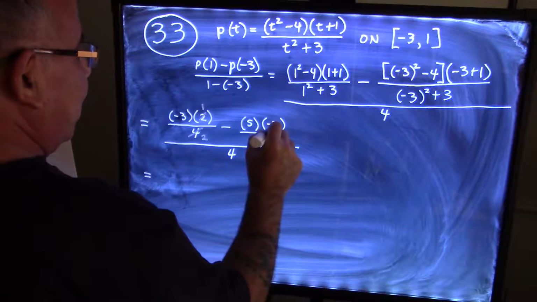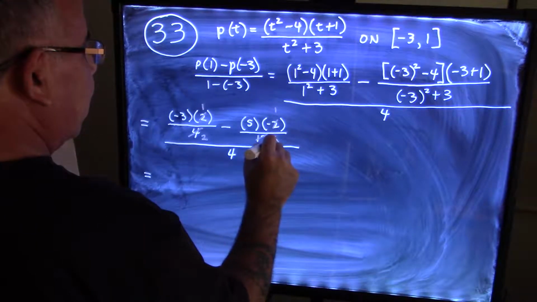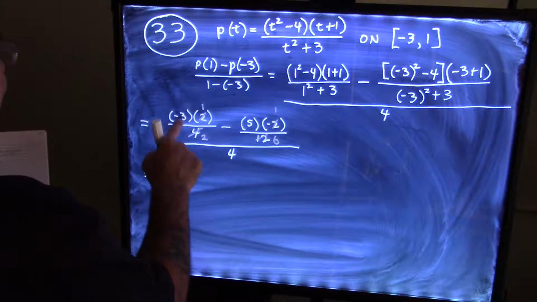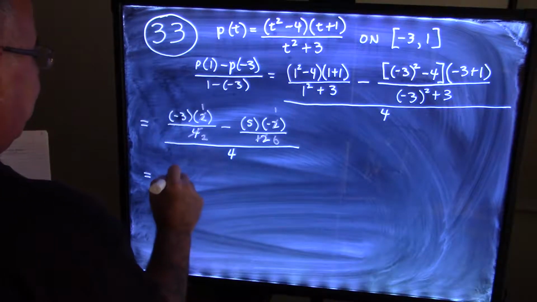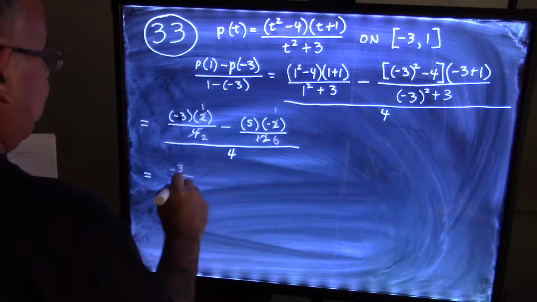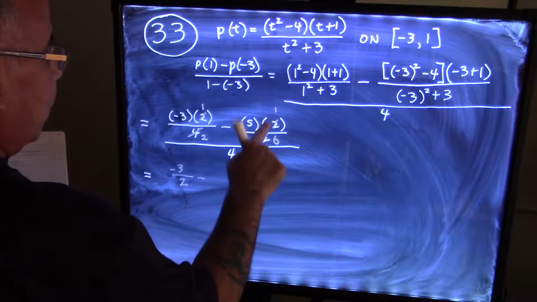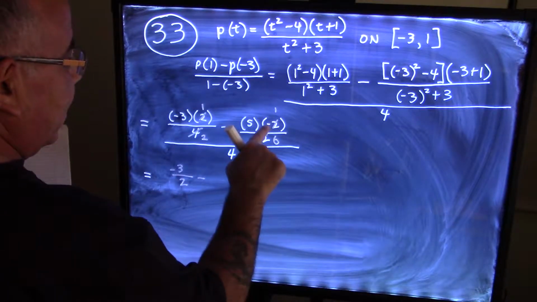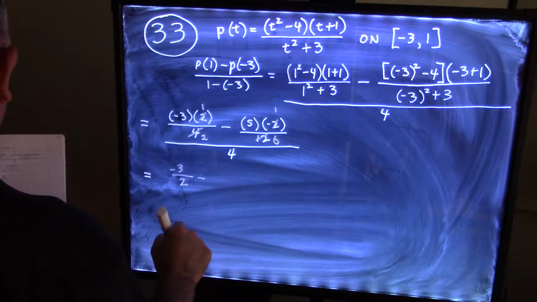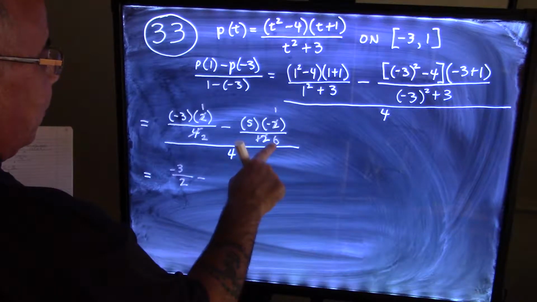You can cancel this as well, that becomes 1 and that becomes 6. Alright, so we could do a little simplifying. That's negative 3 times 1 is negative 3 over 2, minus, then you've got 5 times negative 1, don't forget that's a negative still there. 5 times negative 1 is negative 5, and that's over 6.